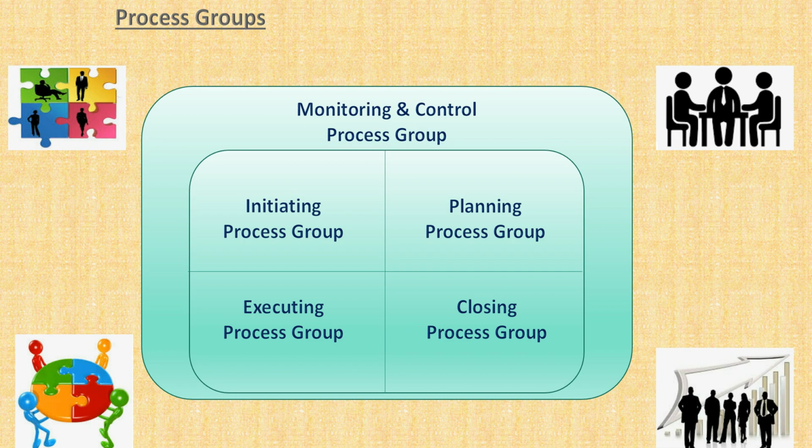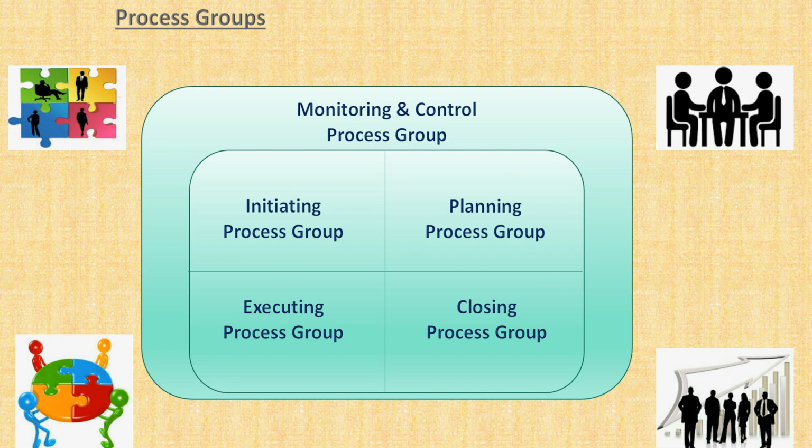So here go our process groups. We should not confuse processes and process groups. We should not confuse the sequential or non-sequential manner of these process groups. We should not confuse these process groups with knowledge areas, which we are going to discuss in our next slide.